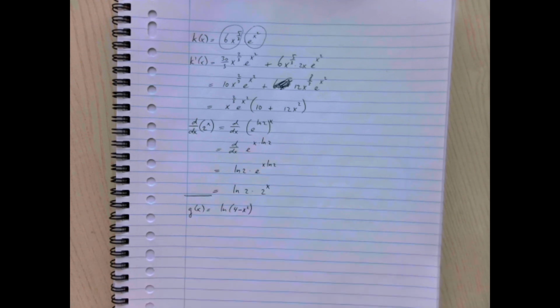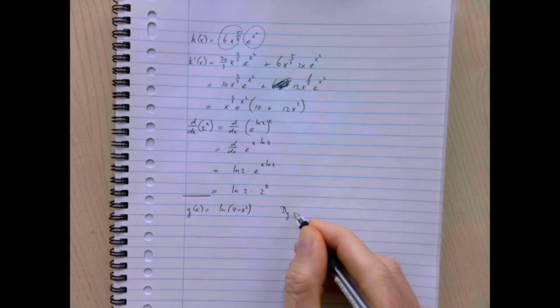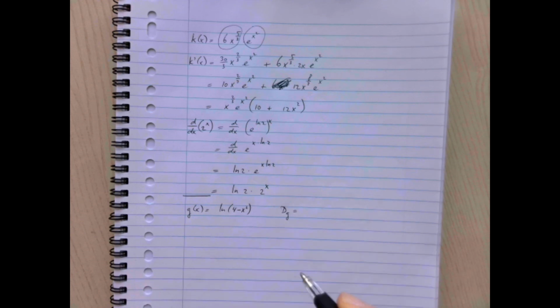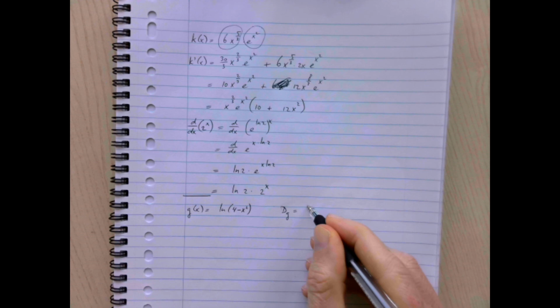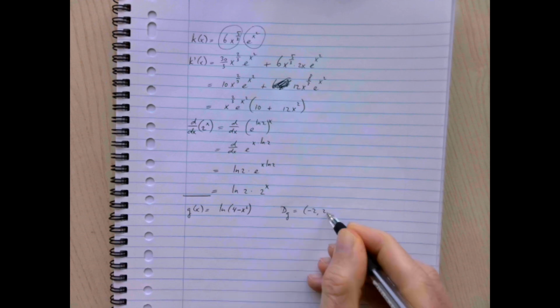Note that this only makes sense as long as 4 minus x squared is a positive number, so it should be for x strictly between minus 2 and 2, I'm sure you can see. Let's put that here: the domain of this function is any number between minus 2 and 2.